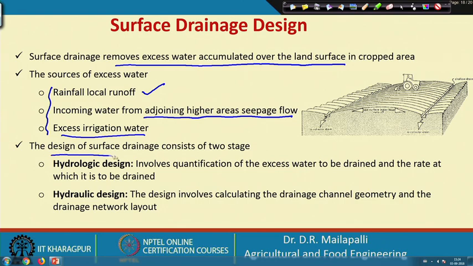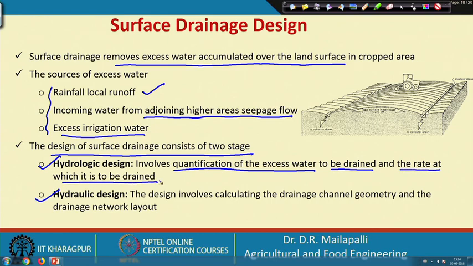The design of surface drainage consists of two stages: first hydrologic design and then hydraulic design. Hydrologic design involves the quantification of excess water to be drained and the rate at which it is to be drained. These two things we need to determine in hydrologic design, whereas hydraulic design involves calculating the drainage channel geometry and the drainage network layout.